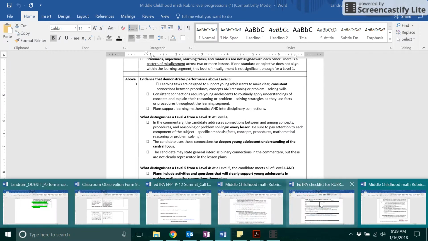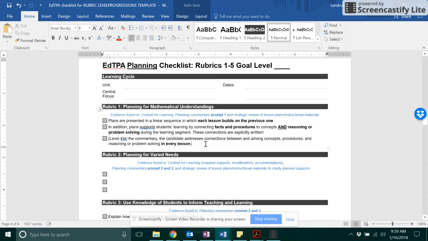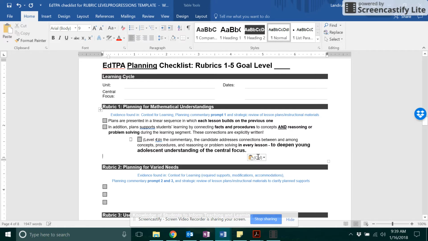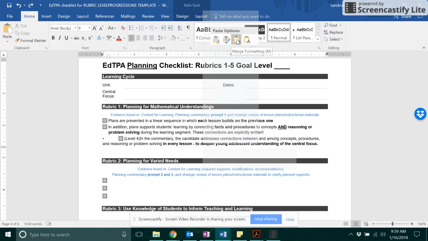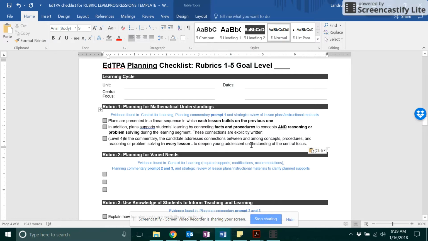Right, so I'm just going to tack this on here: in every lesson, to deepen young adolescent understanding of the central focus. That helps me know, all right, I need to make sure that I tie this back to my central focus.